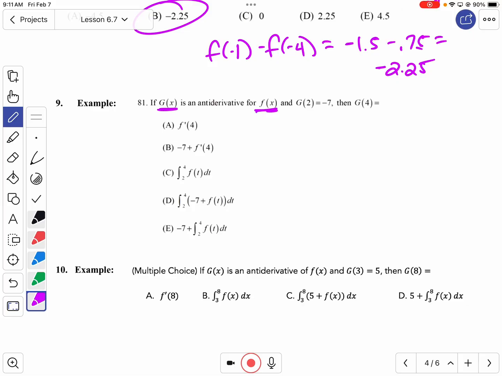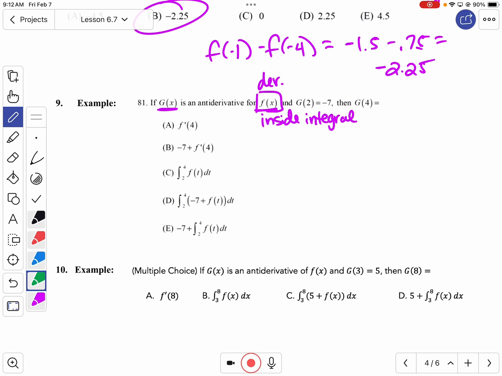So which one is the actual derivative, f or g? F. Which one would be inside the integral? Also f. So f is the derivative, so it would be inside an integral. That's important to know.